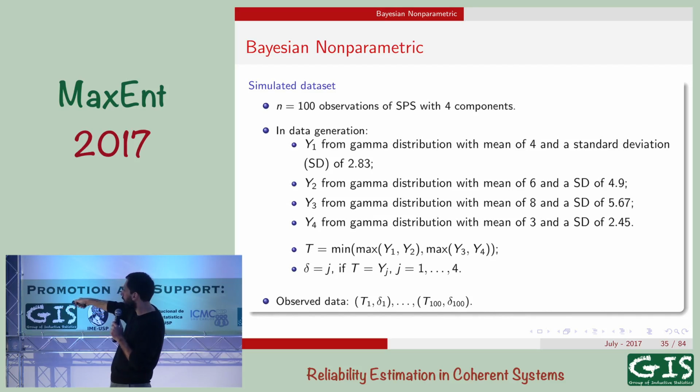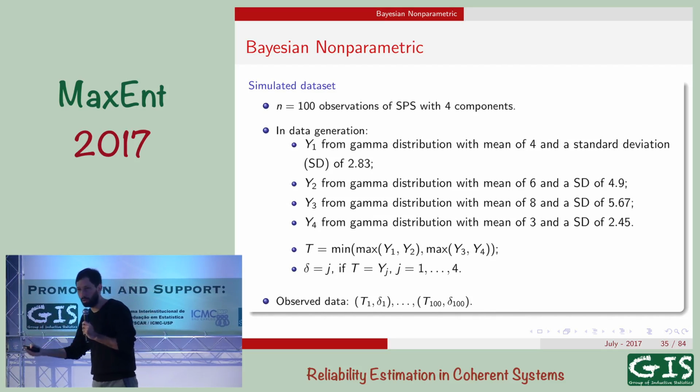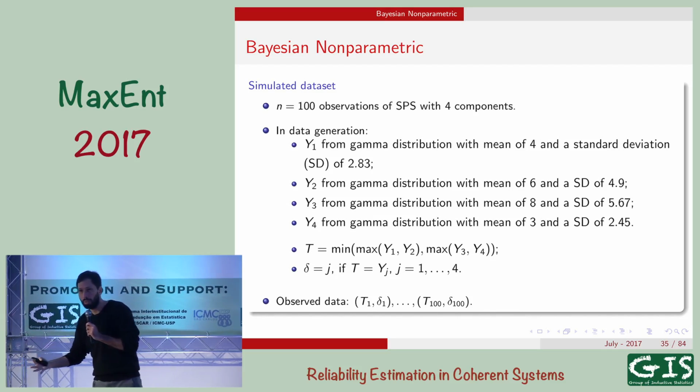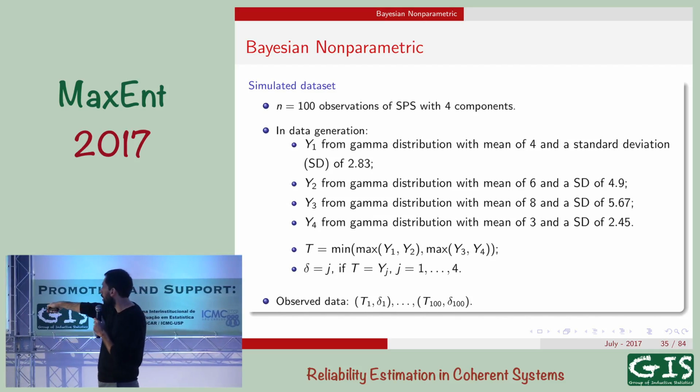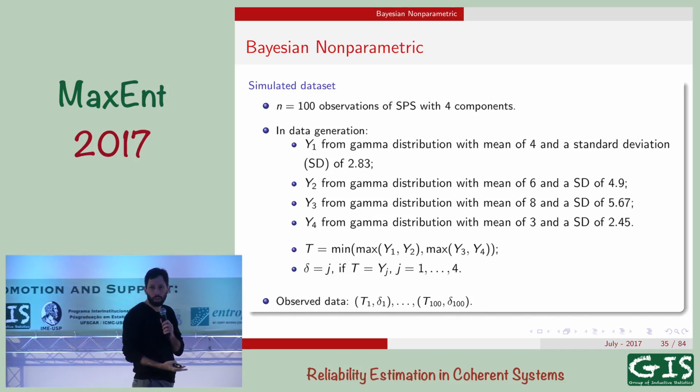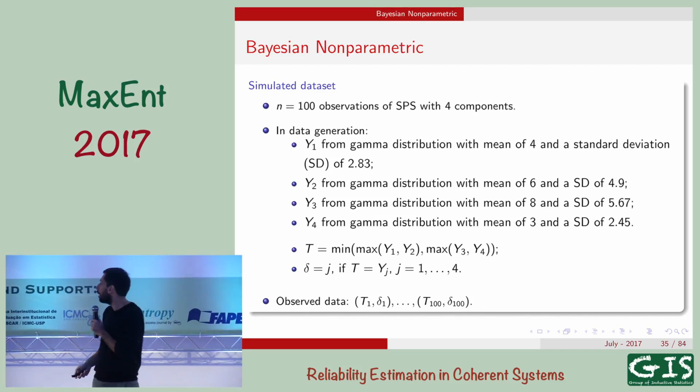Then we evaluate the maximums, then the minimum of both maximums. And at the end, we register t and delta, because we know all the values. However, to simulate, we needed to know all the values, but the only information that we keep registered for the estimators are just t and delta. This is the way that we can simulate this kind of system.